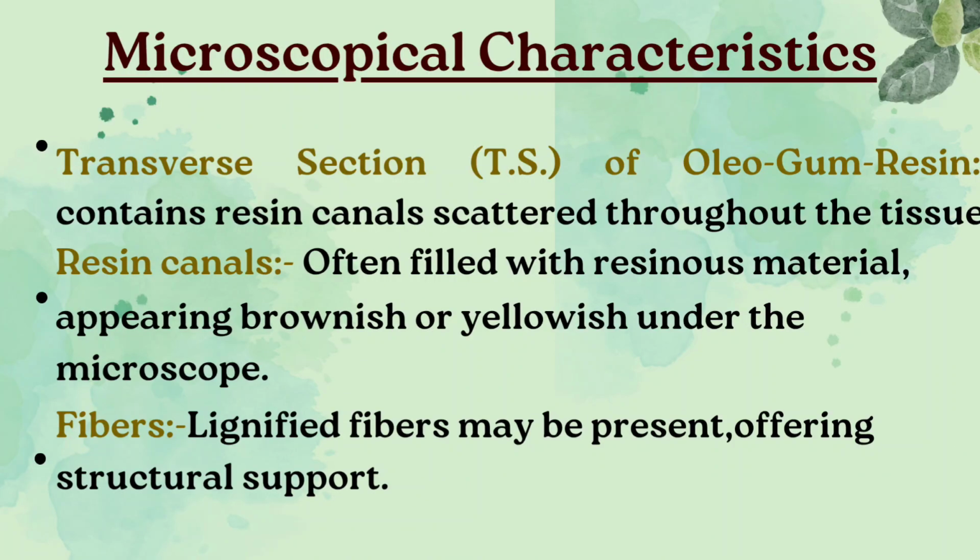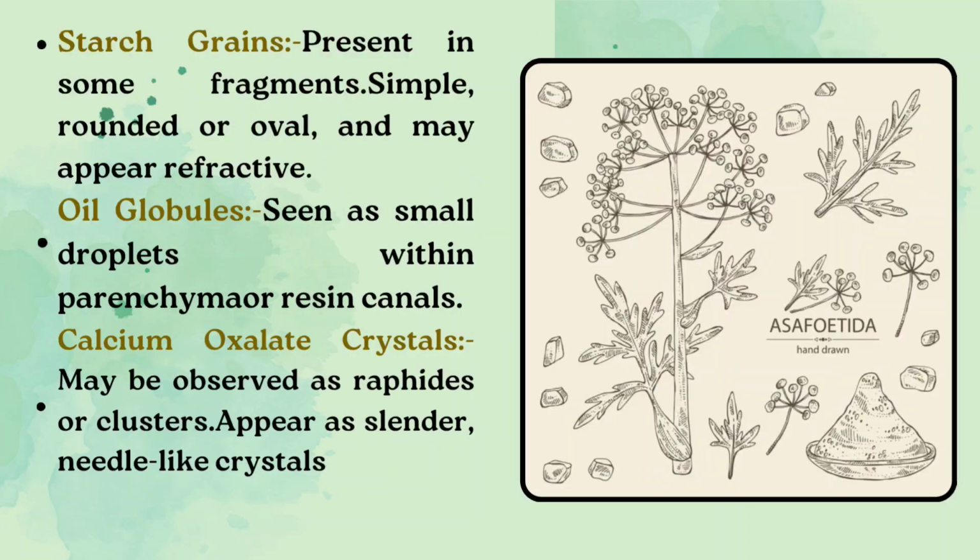Then microscopical characteristics of asafoetida. The transverse section of oleogum resin contains resin canals scattered throughout the tissue. Resin canals, often filled with resinous material, appearing brownish or yellowish under the microscope. Fibers: lignified fibers may be present, offering structural support.